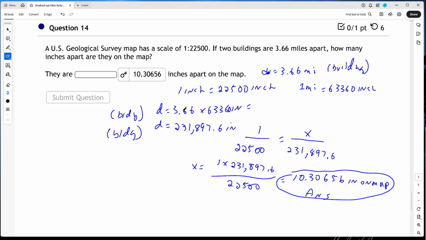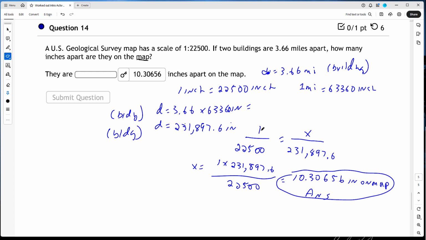That 3.66 miles times 63,360 gives me the total number of inches, which is 231,000 inches. That's how many inches they are apart in real life. So we want to know how far apart they are on the map.